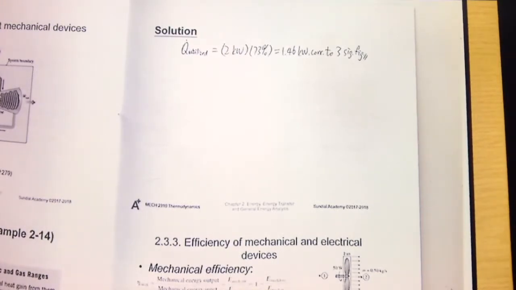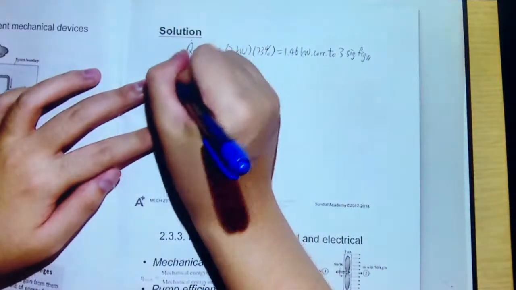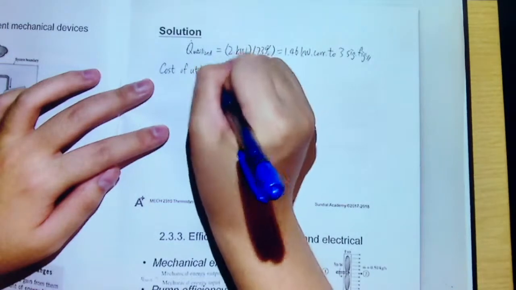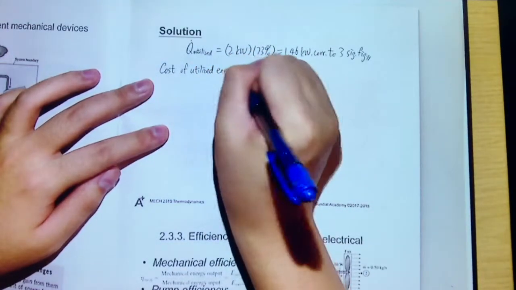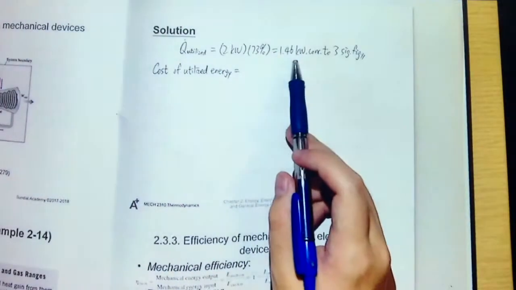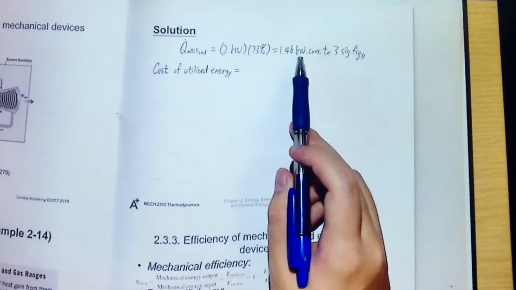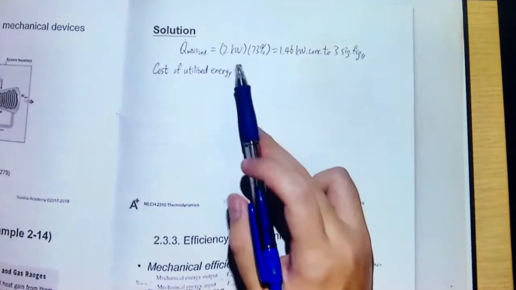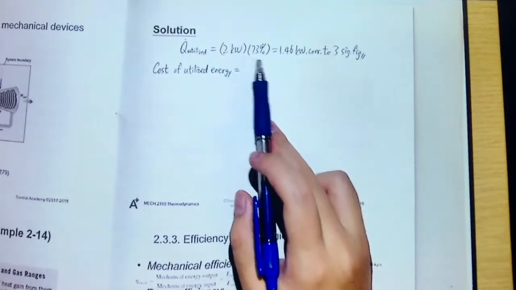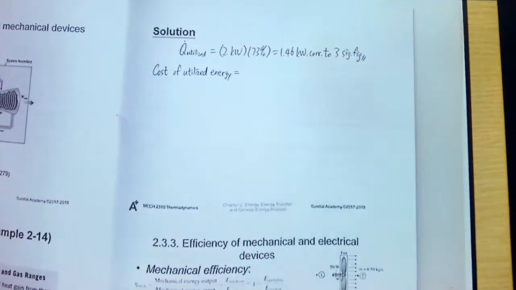So how about the cost of this utilized energy? Well, in order to find out this cost, we know that the cost is inversely proportional to the efficiency. If we would like to supply 1.46 kilowatts, then actually we need to input 2 kilowatts. So the cost should be inversely proportional to the efficiency.